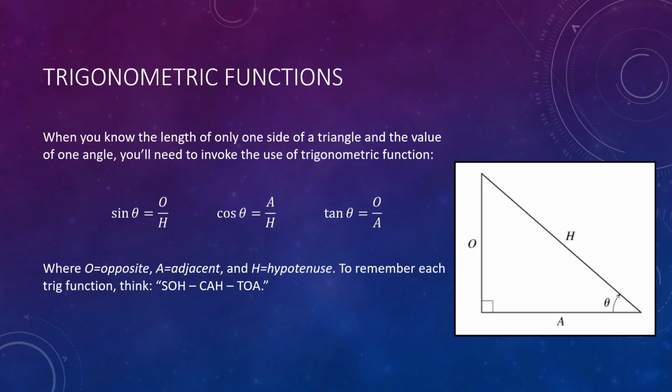So, when you know just the length of one side and an angle inside of your triangle, you can use these trigonometric functions to solve for other sides, or you can use them to solve for an angle within. By definition, we're going to use the abbreviation SOHCAHTOA. Other people have other mnemonics or ways to memorize this, but SOHCAHTOA is the way I learned it.